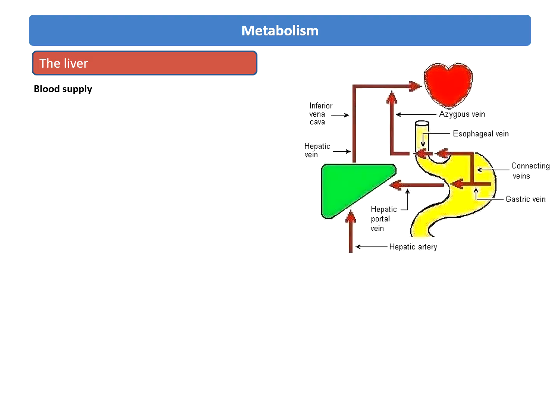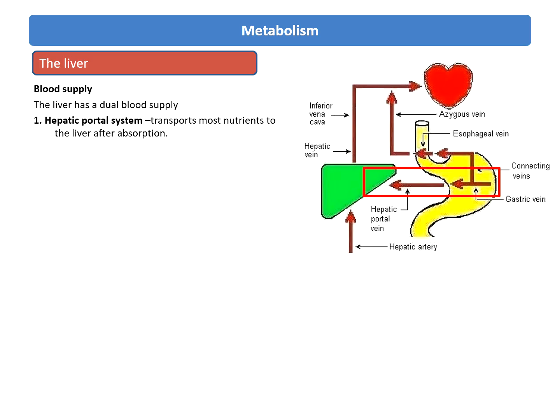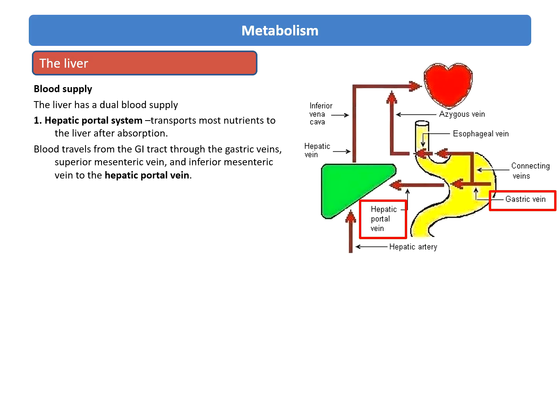Regarding the blood supply, the liver has a dual blood supply. One is by way of the hepatic portal system. This system transports most of the nutrients that are absorbed to the liver. Blood travels from the GI tract through inferior and superior mesenteric veins into the hepatic portal vein to the liver.